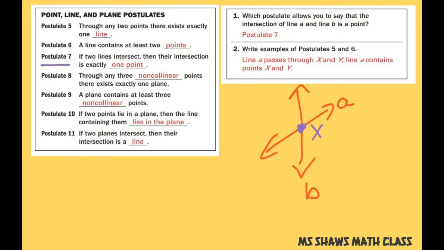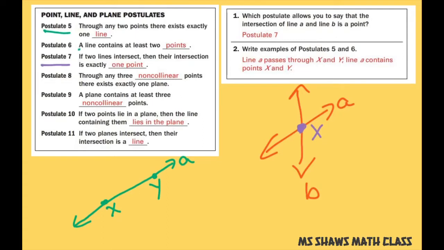So postulate 5 says, through any 2 points, so I'll put 2 points somewhere, there exists exactly 1 line. So there it is. Let's call this line A, and our 2 points would be X and Y. And what does postulate 6 say?